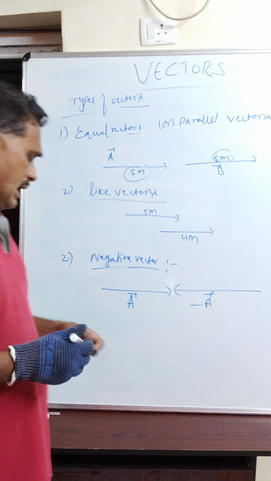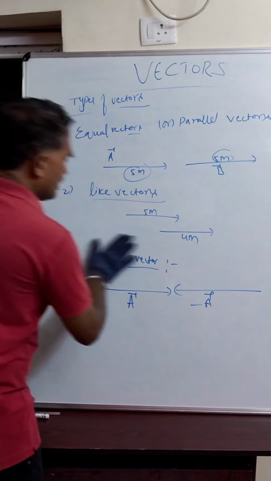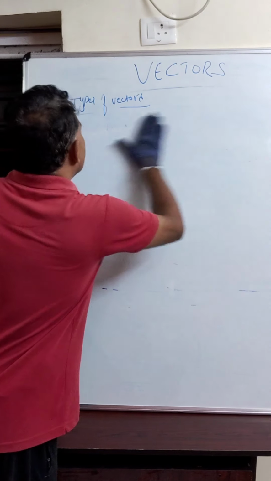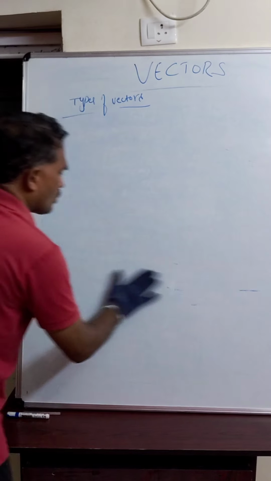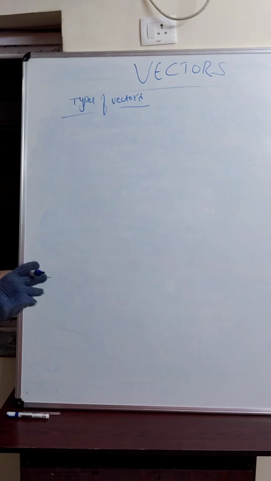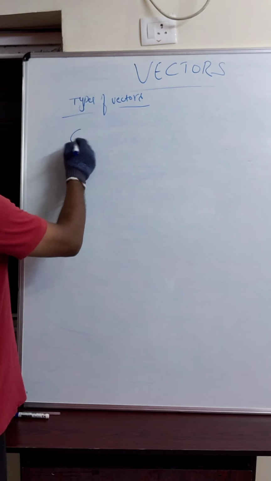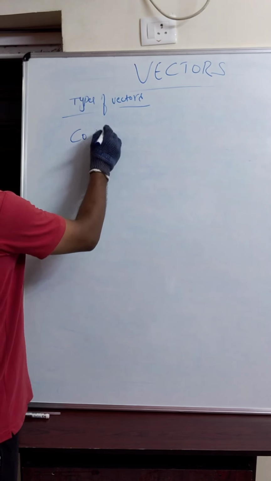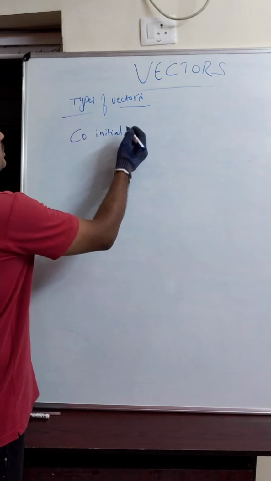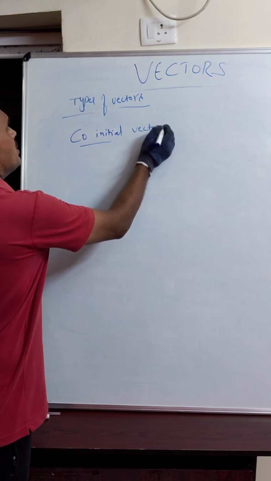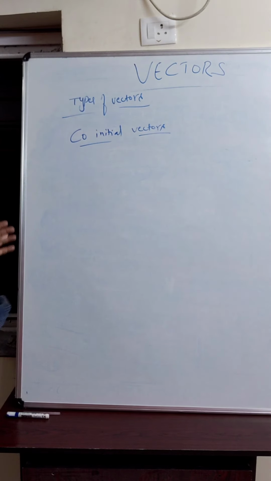Okay, then another type of vectors is co-initial vectors. The name itself tells you what co-initial vectors are.